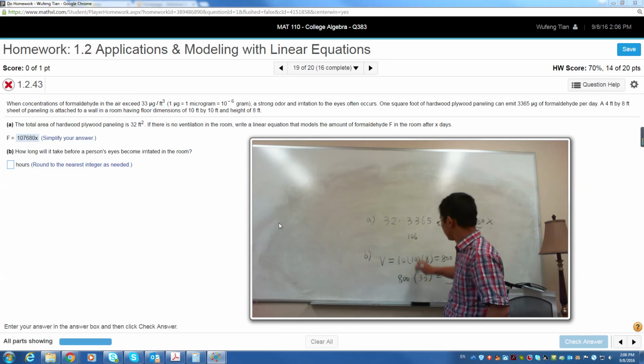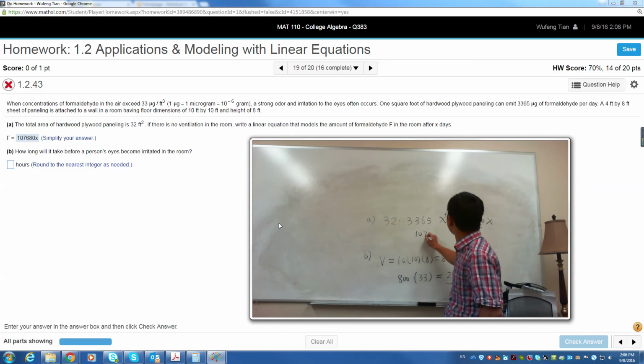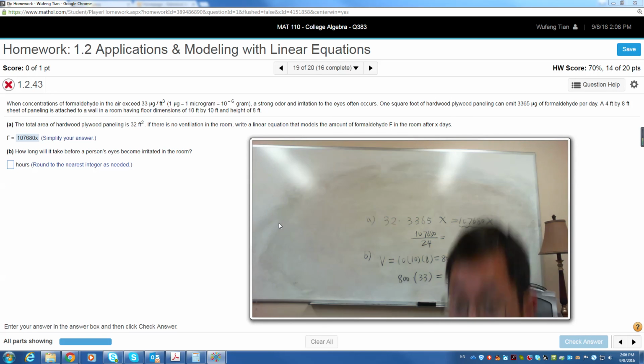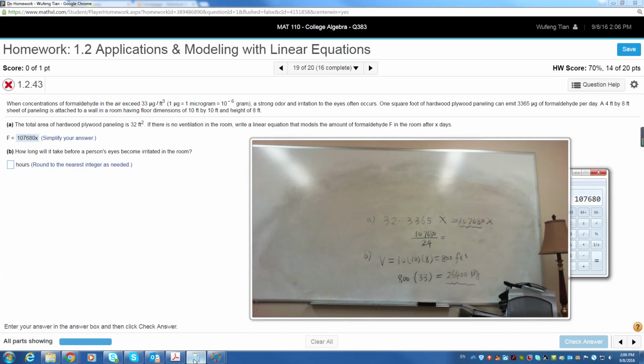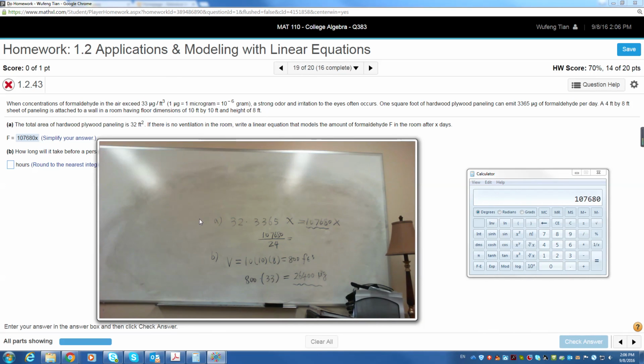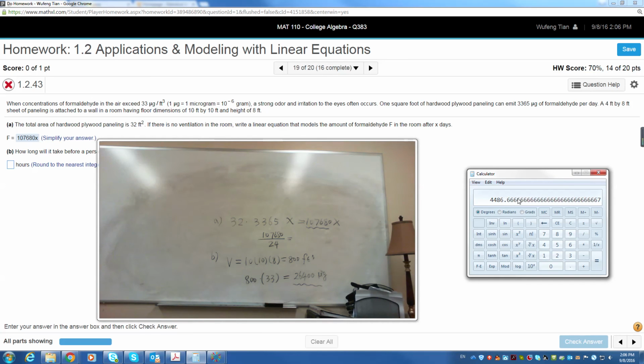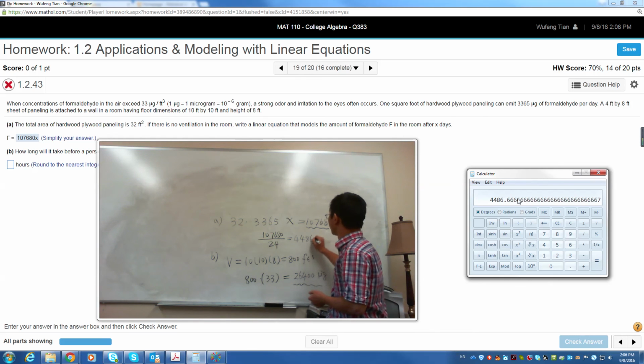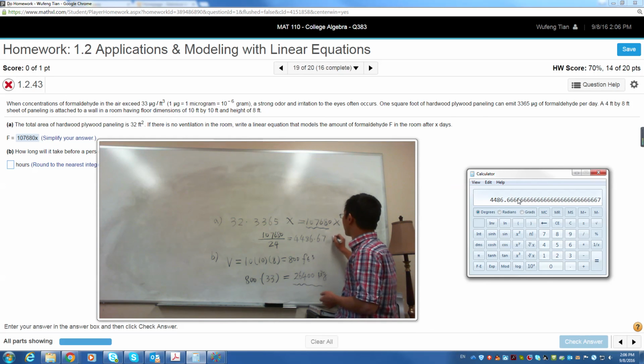107,680 divided by 24 is the amount per hour, which is 4486.67 per hour.